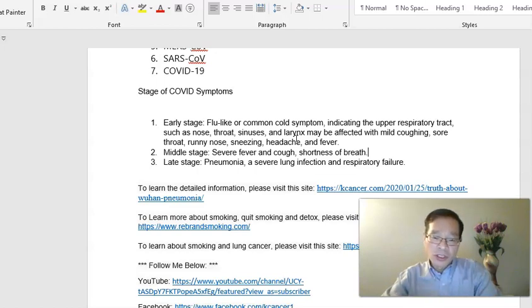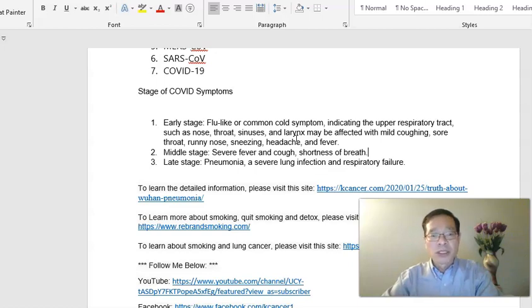As with a common cold, we have immunity against the virus, and the case will stop there. But for this new virus, the Wuhan virus or COVID-19, in some patients, it can continue to replicate from the upper respiratory tract to the lower respiratory tract.